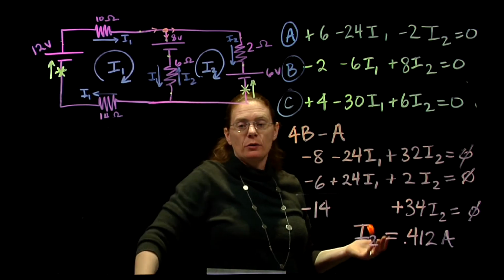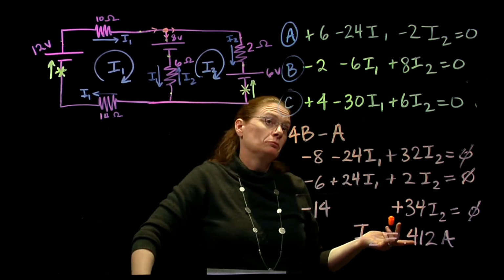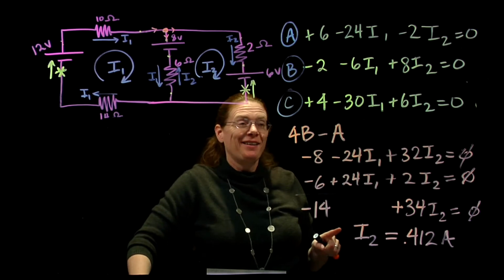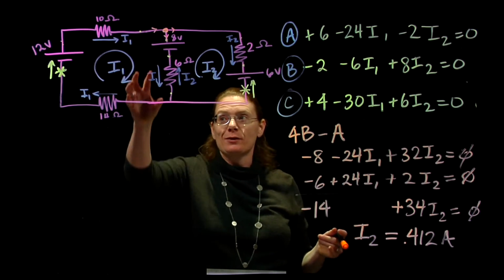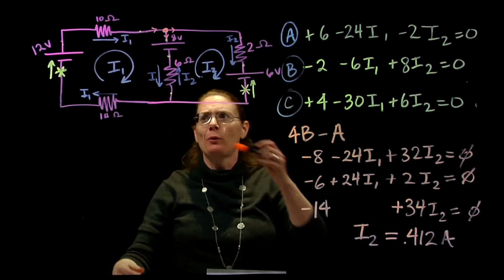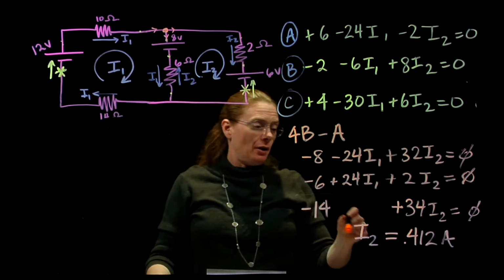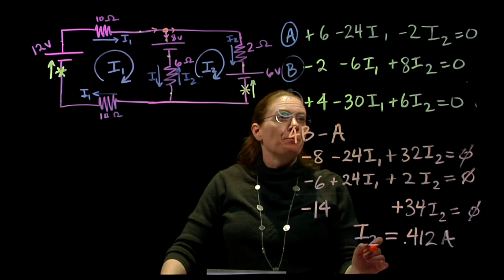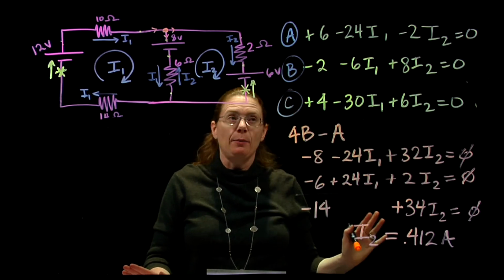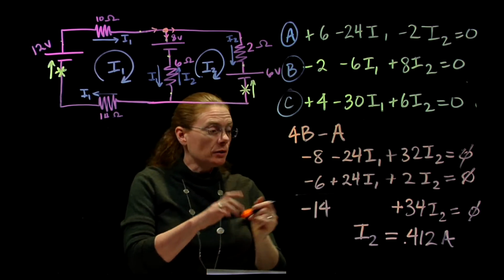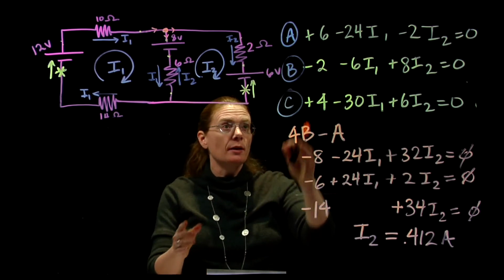How can we get the current in number 1? Well, I have 3 different equations here, and they should all get me the same thing, because current number 1 doesn't change just because I went around a different loop. So if I plug I2 into all 3 of these equations, they'd better all get me the same thing. And this is where I'd recommend you hit pause and do this.